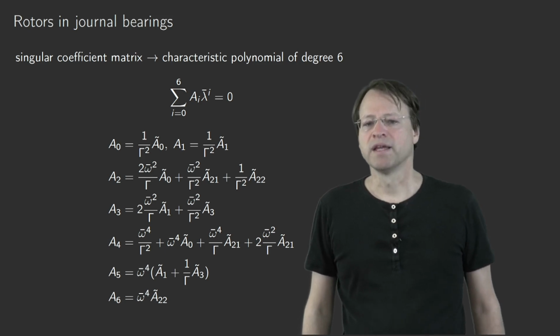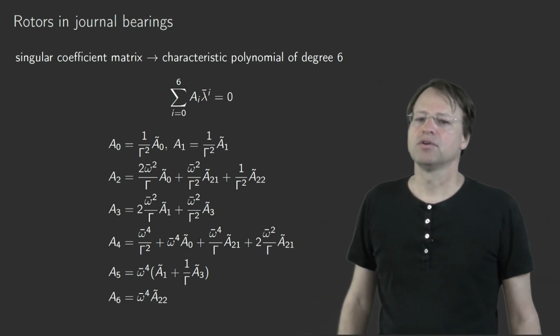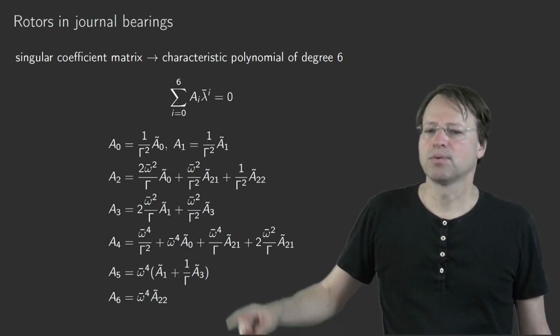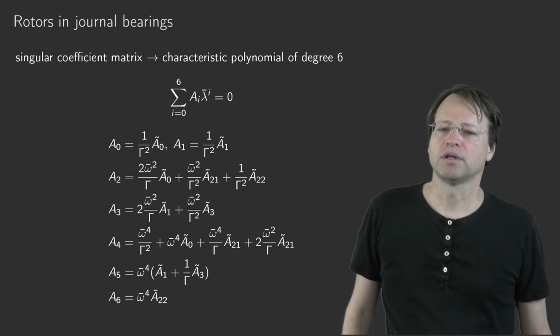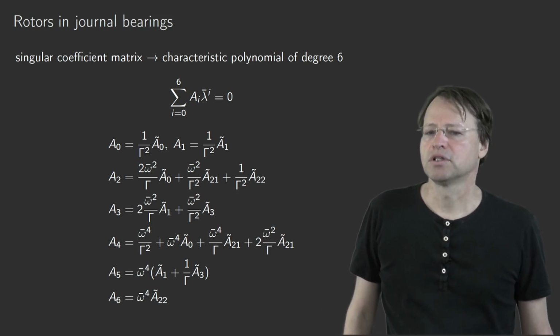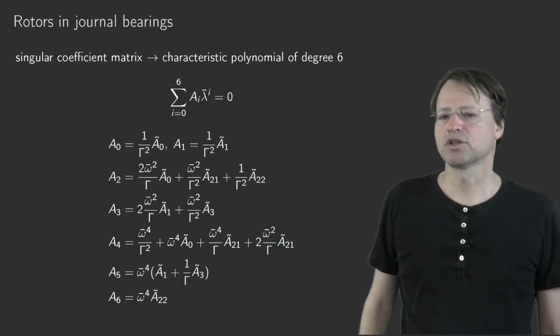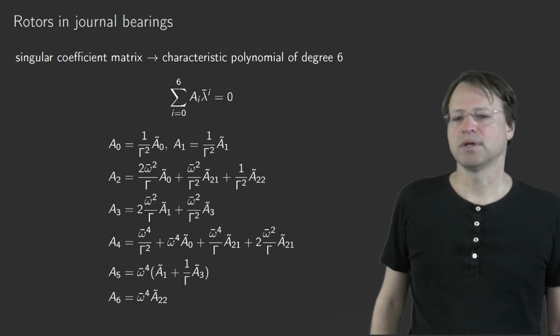So here you can see, without going into the details, the coefficients of the characteristic polynomial. And these quantities, A0 and so on, refer to the same quantities we had before, with the simple difference that there appears now not only an omega bar squared at some places, but also a 1 divided by gamma squared.